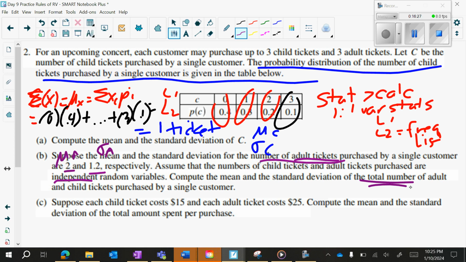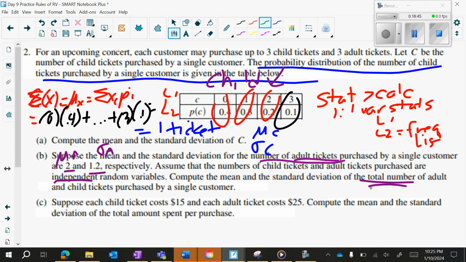Okay, so now we have 2 separate random variables here. We have child tickets, and we found the mean and the standard deviation for child tickets in part A, which was 1 and 1, and we have adult tickets, which are cited in part B to have a mean and a standard deviation of 2 and 1.2 respectively.